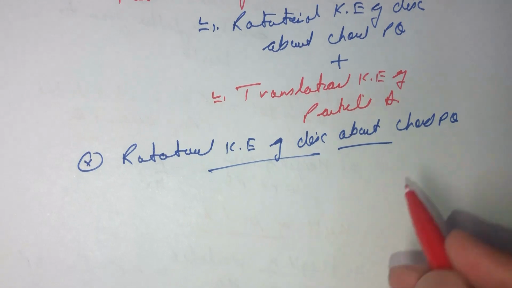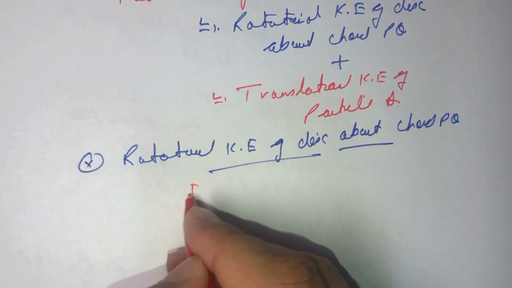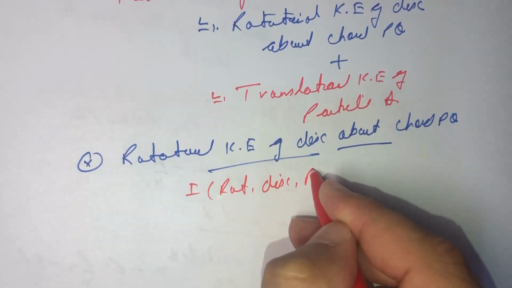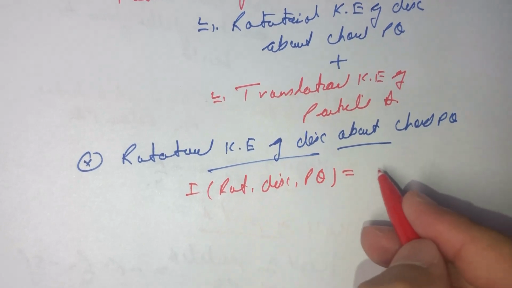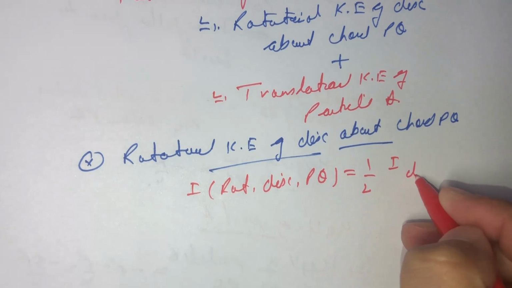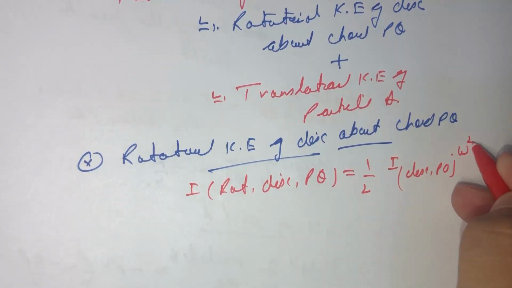And that will be given, let us say, by rotational kinetic energy of the disk about chord PQ equal to half the moment of inertia of the disk about chord PQ times angular velocity squared.